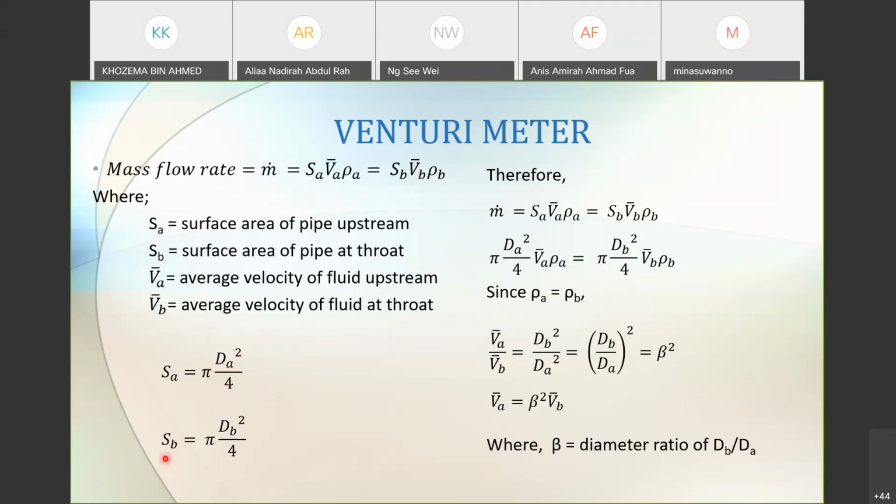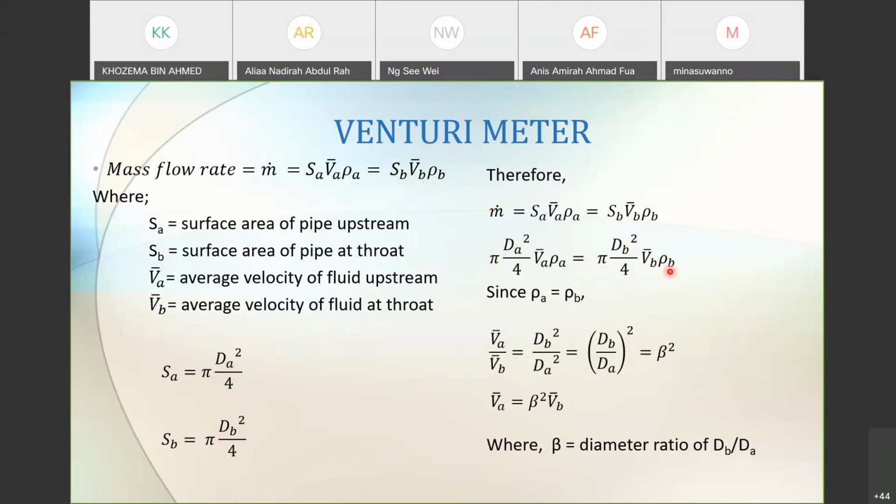So for B, pi dB squared over 4. Now if we substitute SA and SB into this equation, we get pi dA squared over 4 VA rho A is equal to pi dB squared over 4 VB rho B.